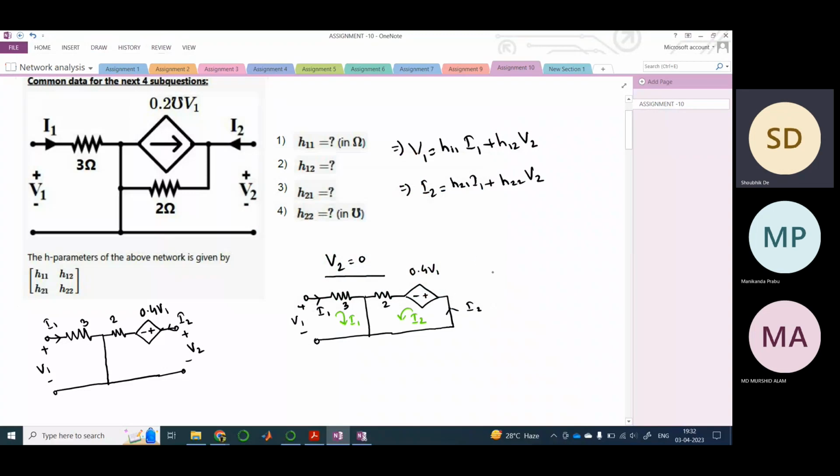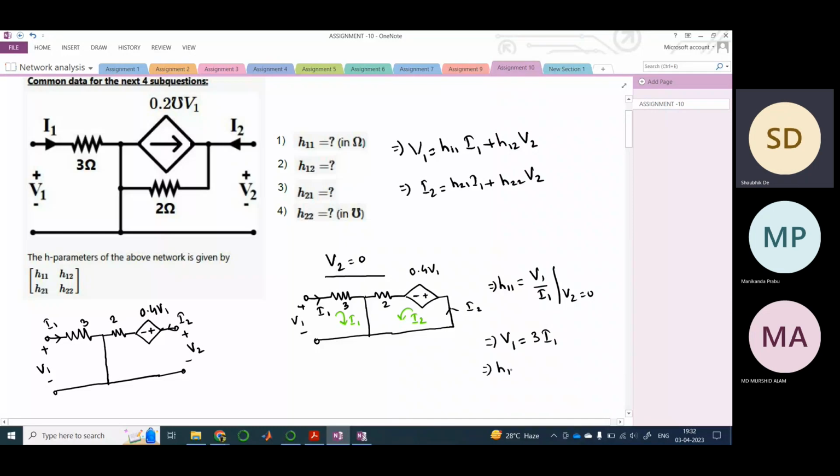Therefore, what is H11? H11 is V1 by I1 when V2 is 0. So from here we can see we need to use the first mesh, right? So what is the KVL equation of the first mesh? It is V1 equals 3 I1, right? And there is no resistance here also.